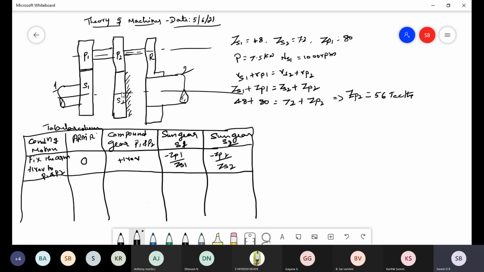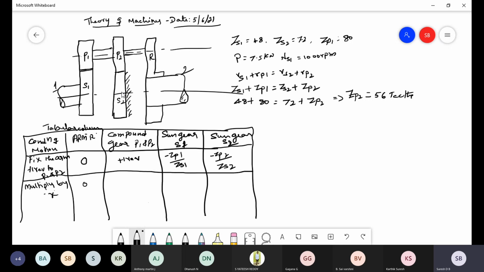What is the second condition? Multiply by X. For the previous value: for the arm, the previous value is 0, so X into 0 is 0 only.